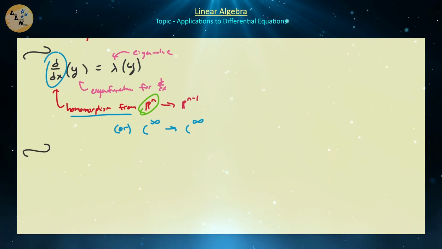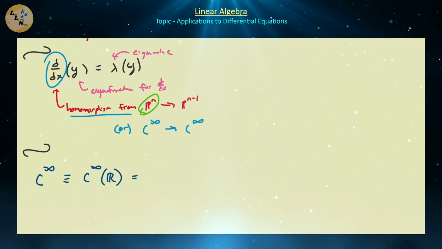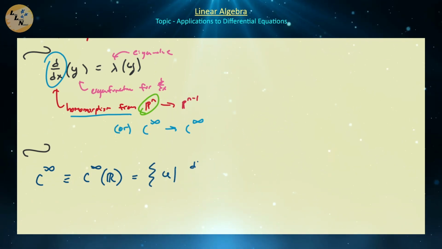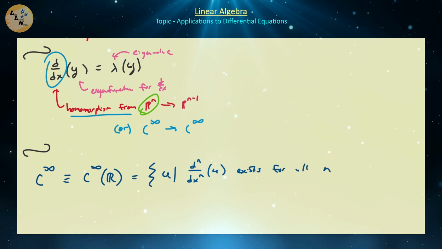So let's just give a brief definition of C infinity, and some people will also write this as C infinity on the set of real numbers R. So this is going to be the set of all vectors u, or the set of differentiable functions u, such that the nth derivative with respect to x of u exists for all n on some domain, typically of R, right? And of course, if u is an element of C infinity, if you've taken single variable calculus, then this implies that u has a Taylor series, right?